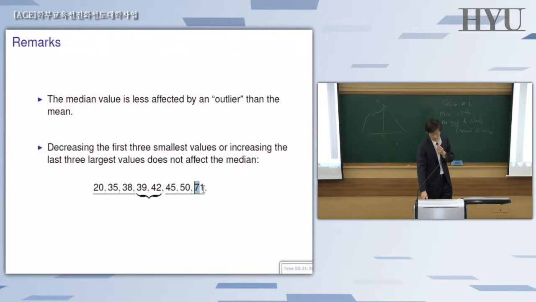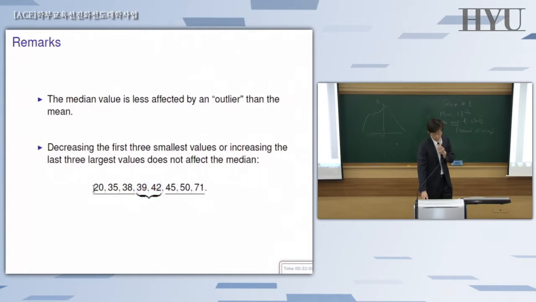Doesn't matter whether you replace this 71 by 71 billion or 100 million, still the median is the average of these 2. Same thing, whether you replace the 20 by negative million or negative billion doesn't make any difference in computing the median, because you only take care of those 2 in the middle of this distribution.